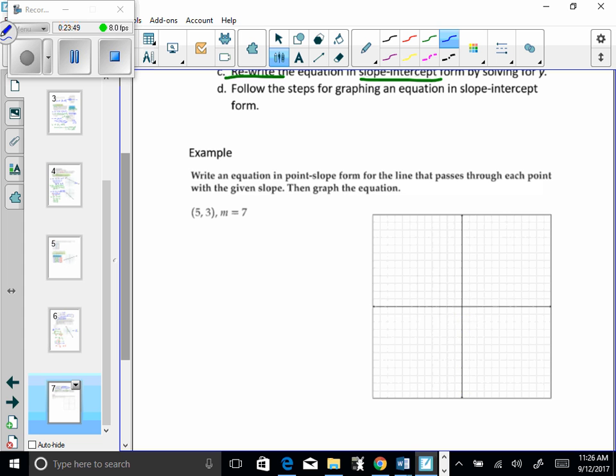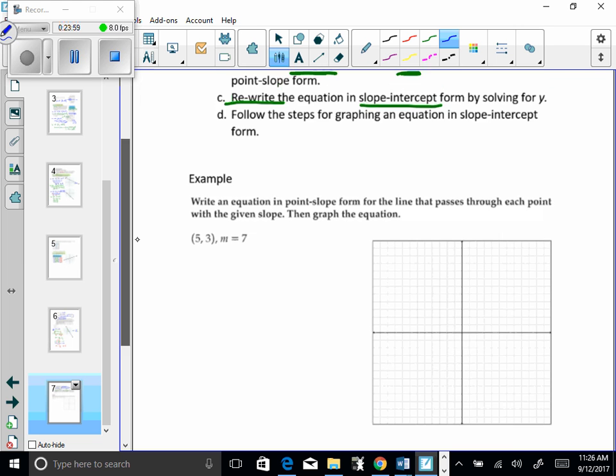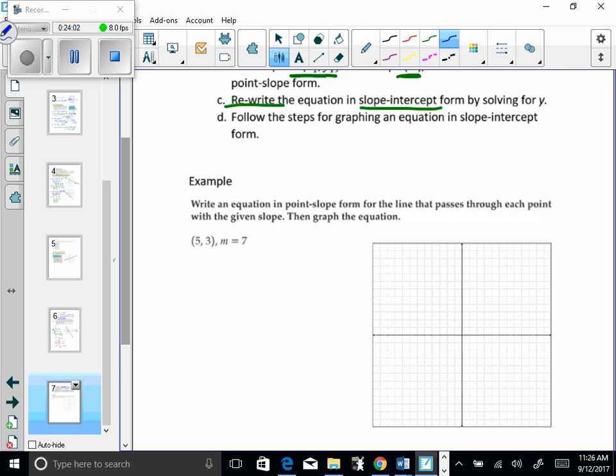It says write an equation in point slope form for the line that passes through each point with the given slope, then graph the equation. So our point is 5, 3. And so that's going to be our x1, y1, and then we have m for our slope. The form of our equation in point slope form is y minus y1 equals m times x minus x1.